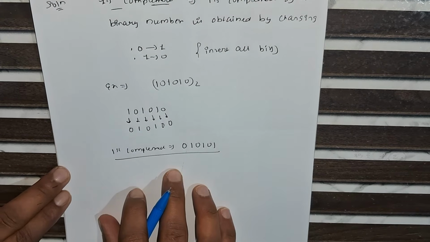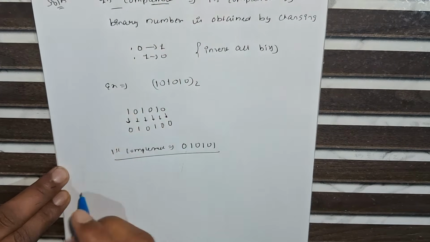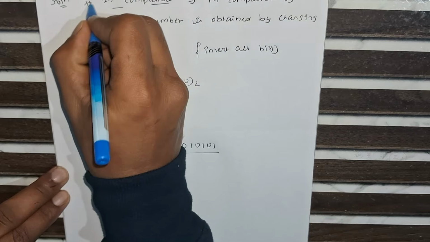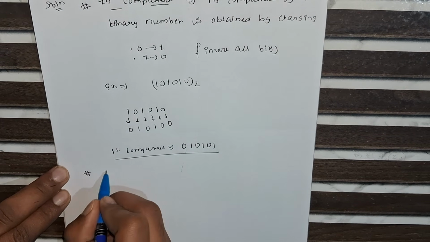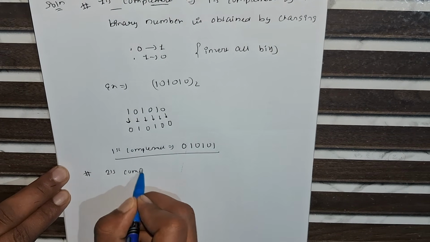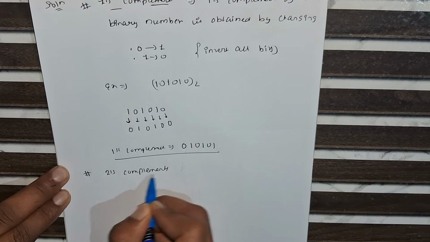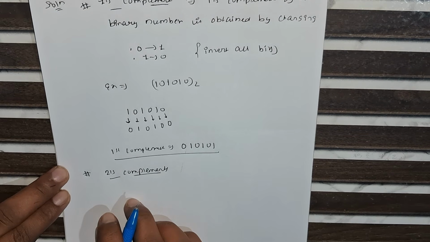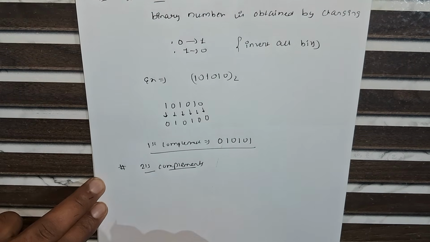Now we have to explain the 2's complement. So this is our 1's complement, this is our 2's complement. So what is the definition of 2's complement? 2's complement is obtained by taking 1's complement and after that adding 1 to the result.